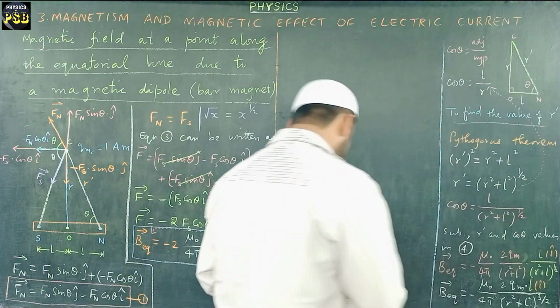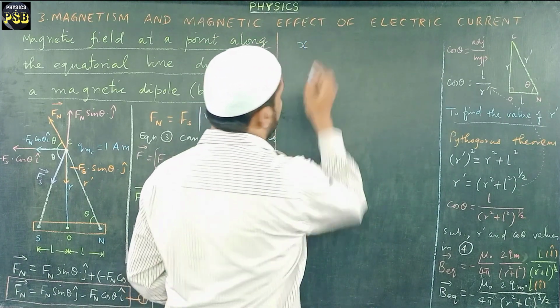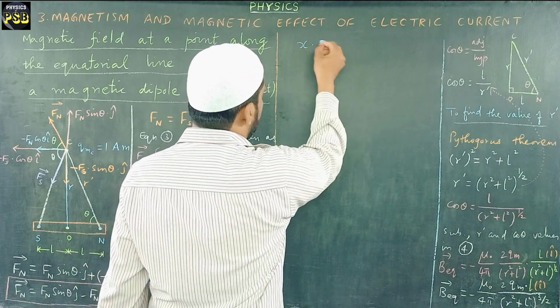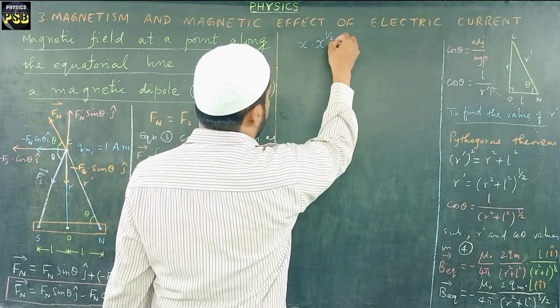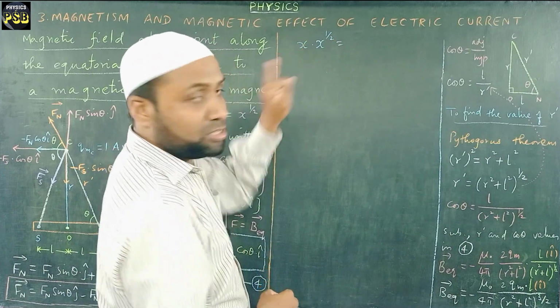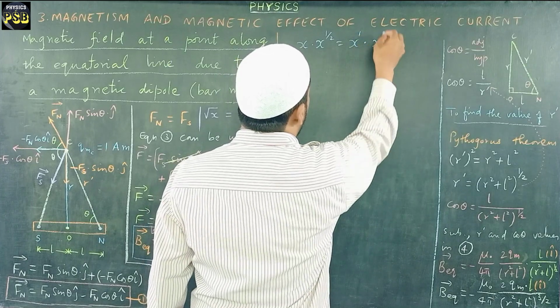You see, if we have a product, something like this, x multiplied with x power half, here if you have x, it means the power is 1. So x power 1 multiplied with x power half.